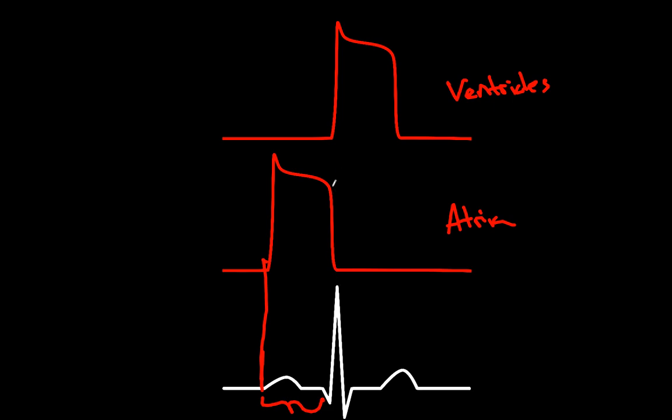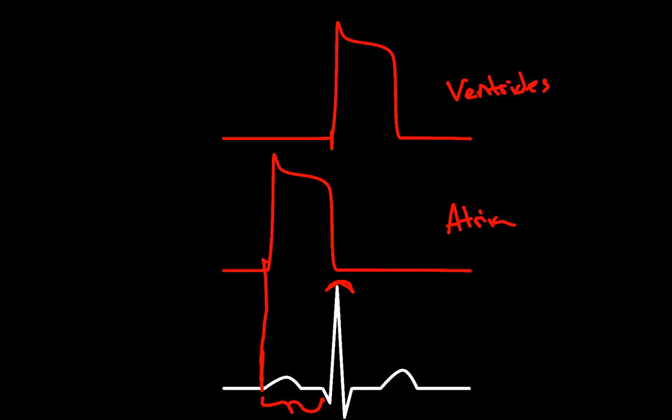This depolarization stops, and we get an influx of potassium back into these muscle cells. But the big thing that's happening is we have this influx of sodium into the ventricle muscle cells, not into the ventricles themselves, causing a rapid depolarization. And that's what causes most of this electrical activity right here.